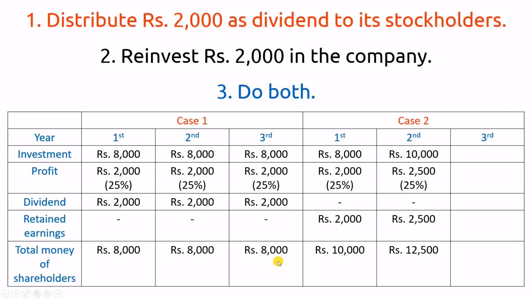So the total money of the shareholders remains the same. Whereas at the end of the third year here, 12,500 is the investment, 3,125 is the profit, nothing is given out as dividend, everything is retained and invested back in the company, and so the total money of the shareholders is 15,625.